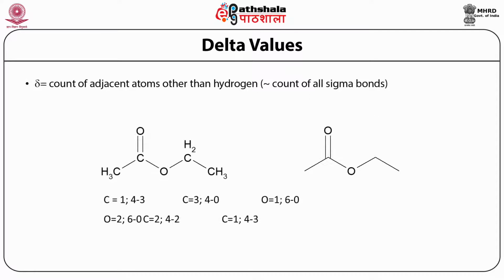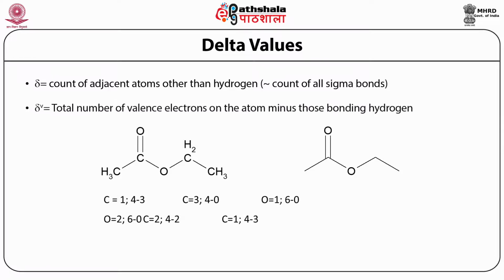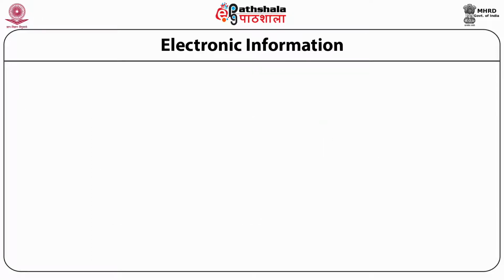Delta value is another which counts the adjacent atoms other than hydrogen. So actually all the sigma bonds count. Total number of valence and total number of delta are both depicted here in these numbers. You can calculate this by simply counting the number of bonds available. There is electronic information, and they also have been used in different ways.